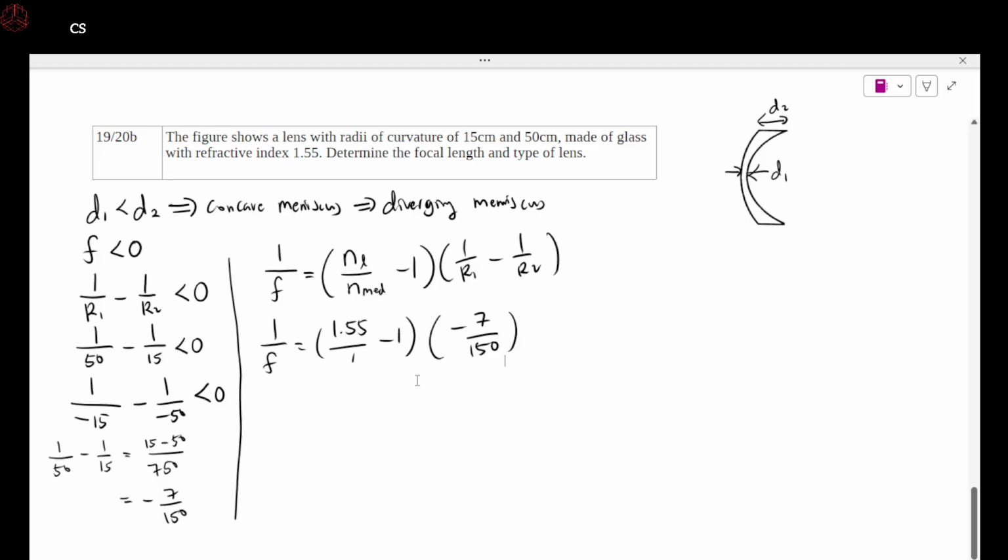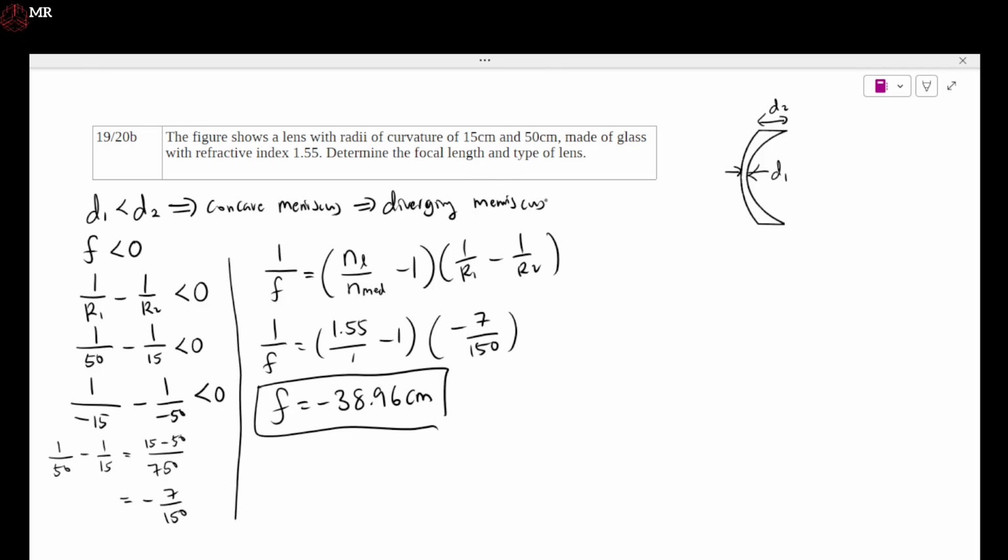Keying that into the calculator, I get a focal length of 38.96 centimeters, so my f is negative 38.96 centimeters.